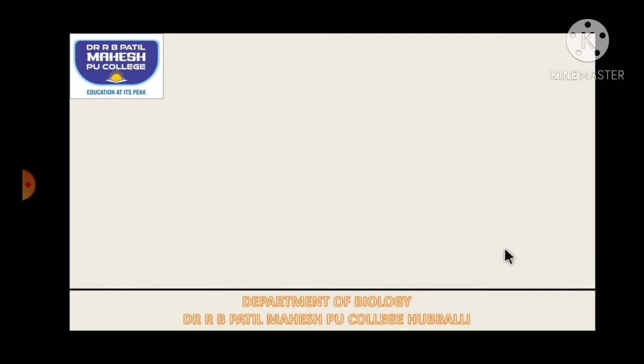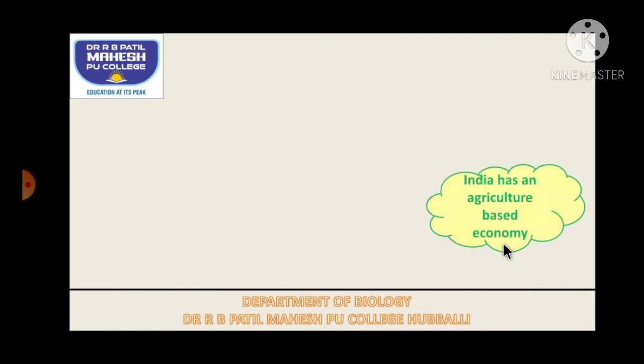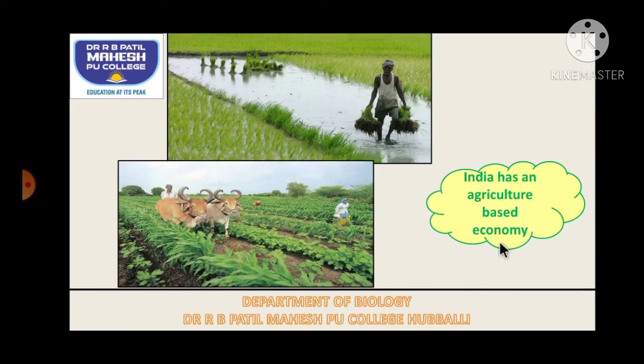Students, as we all know, India is mainly based on agriculture. India is said to be an agriculture based country. Agriculture accounts for nearly 33% of GDP. India has an agriculture based economy.